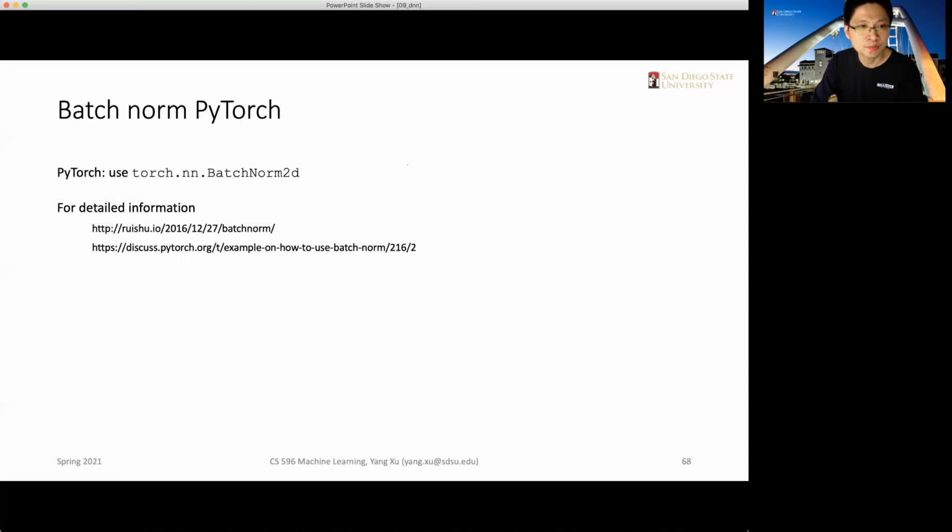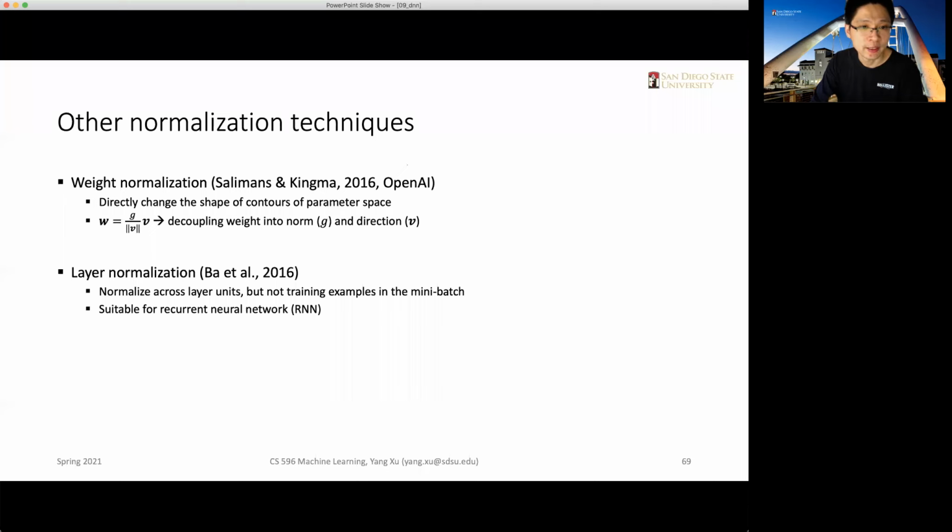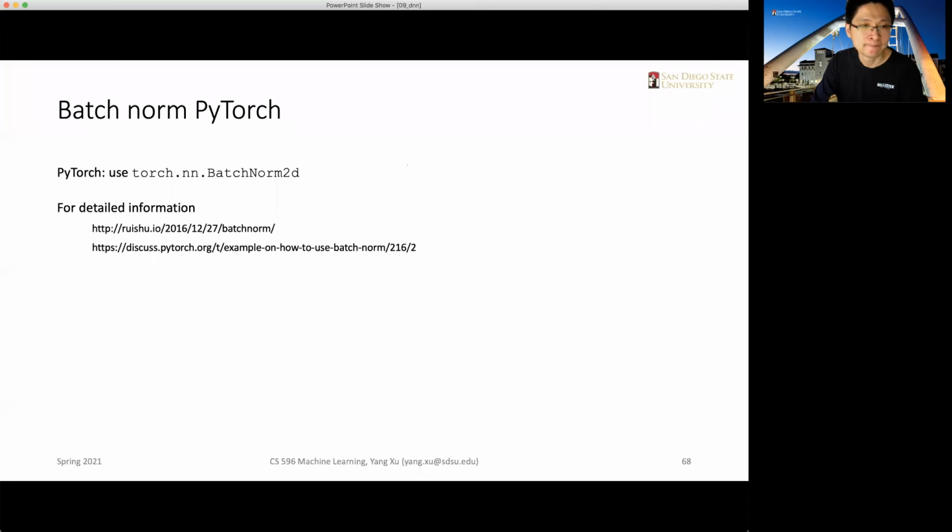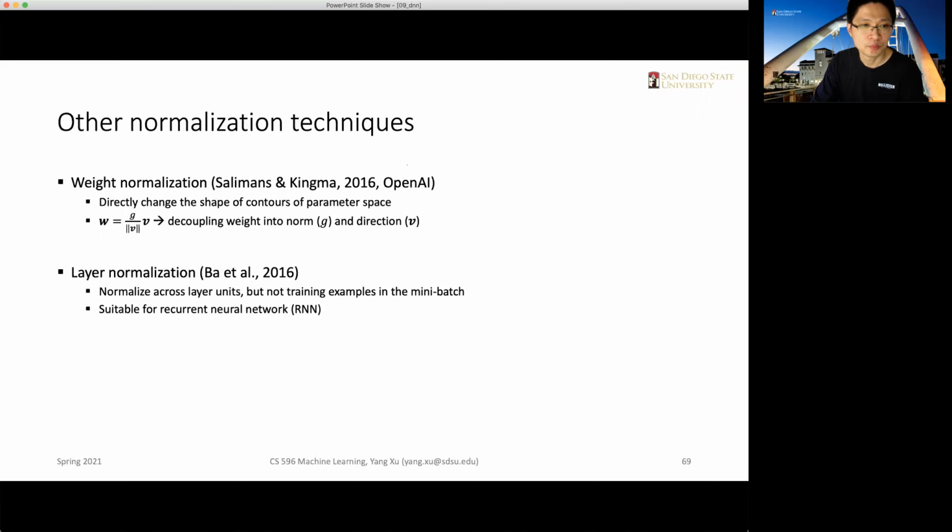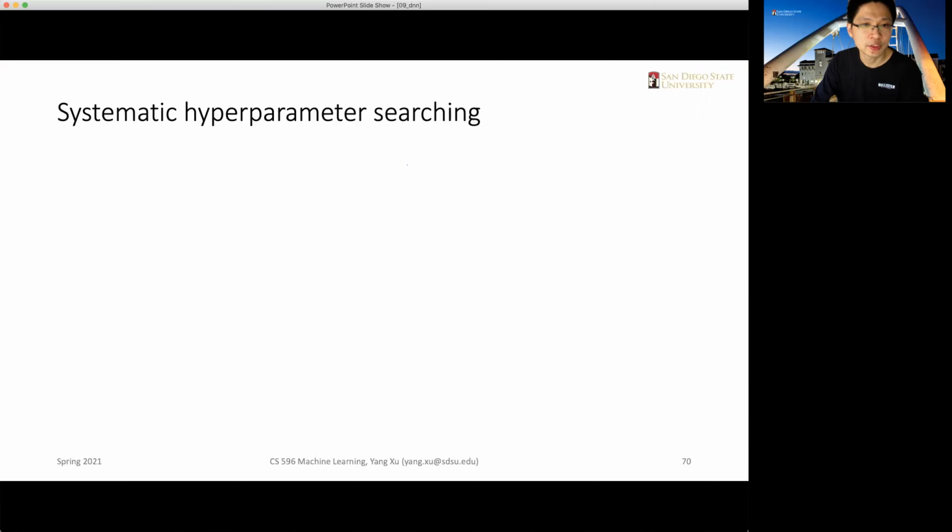And batch norm is also implemented quite conveniently in PyTorch. We can directly call the batch norm 2D function quite easily.